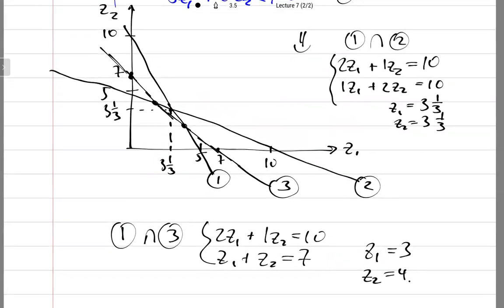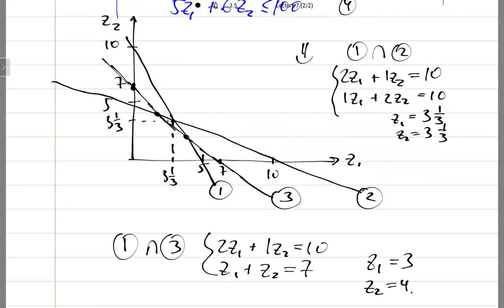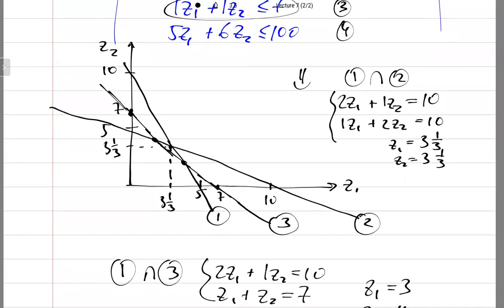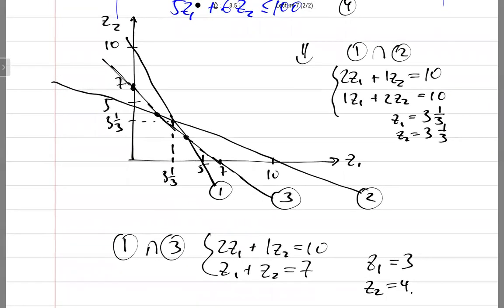Let me find the other intersection: Z1 is 3 1/3 and Z2 is 3 1/3. Yeah, you're right, that's a great point. Thank you. That's a wrong picture.